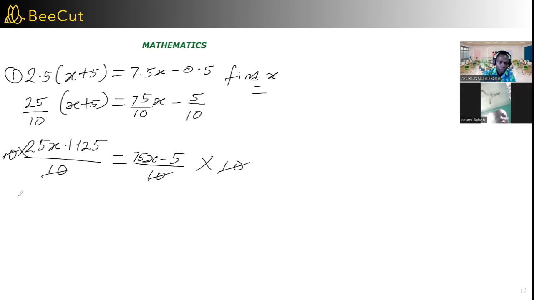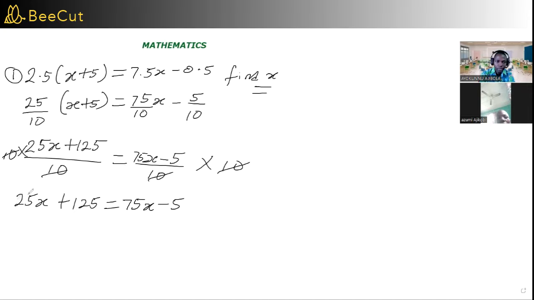Now, what I have now is 25x plus 125 equal to 75x minus 5. There, I collect like terms. Anyone with x to one side, anyone without x to the other side of the equation. So here I have the bigger number of x, which is 75, compared with 25.